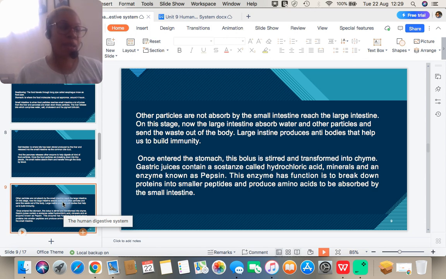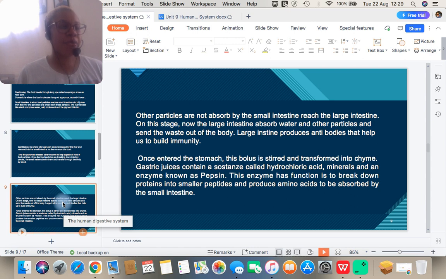Once in the stomach, the bolus is stirred and transformed into chyme. Gastric juices contain hydrochloric acid, minerals, and an enzyme known as pepsin.